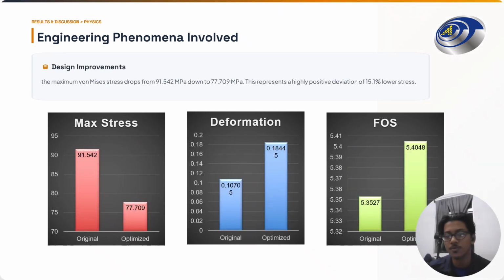So, design improvement: based on our observation when we ran the analysis, we get 77 megapascals, while the original still has 91.5 megapascals, which is 20 megapascals less than the original, which is a great success.